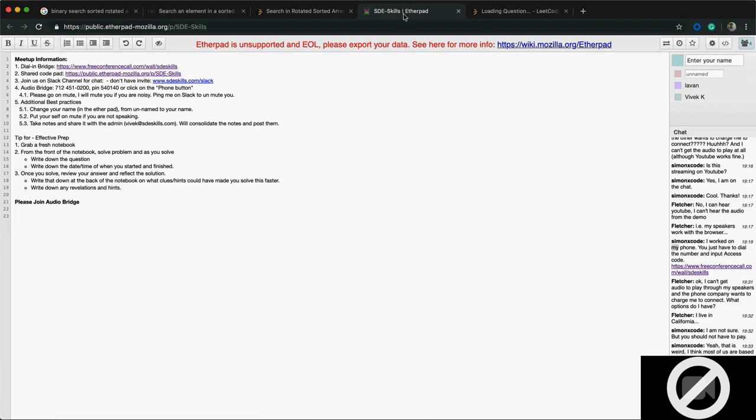Okay, so we will start with the first question, which is binary search. Does anyone want to explain what a binary search is?